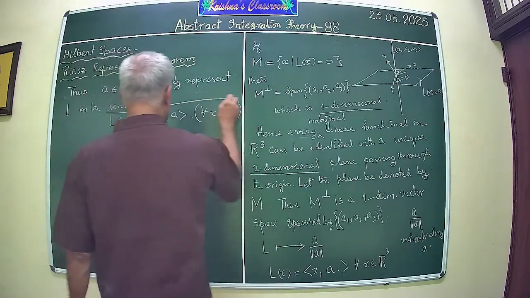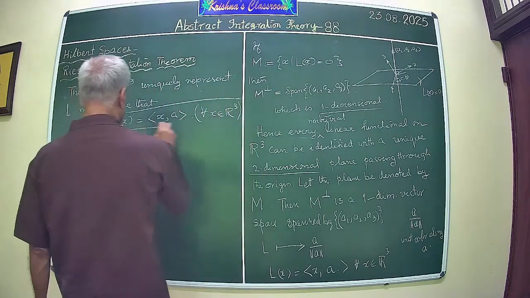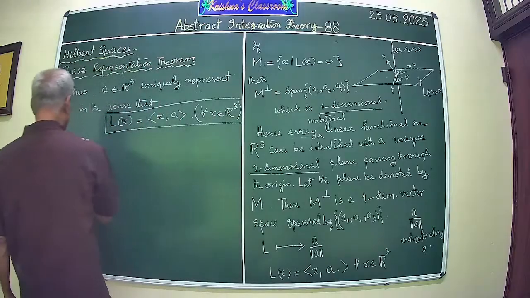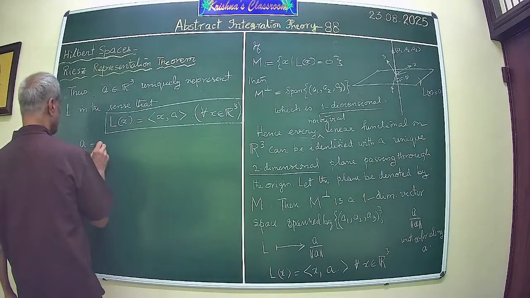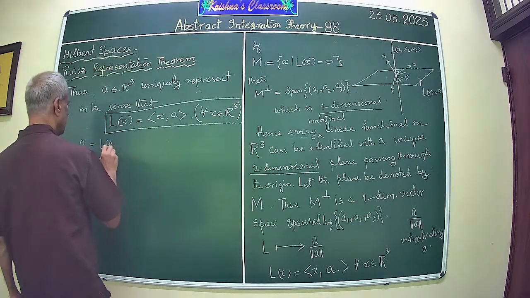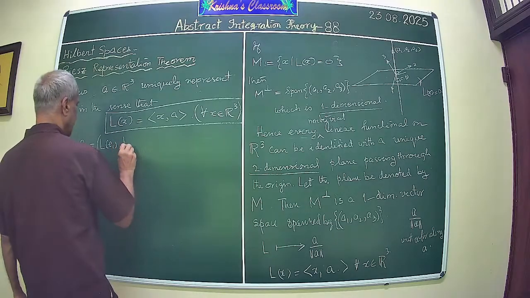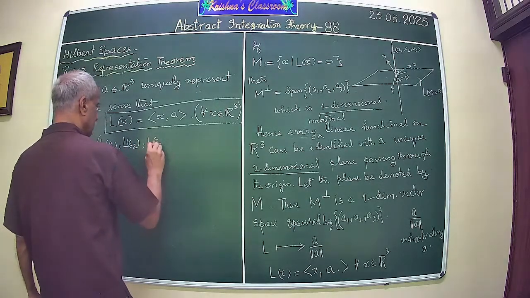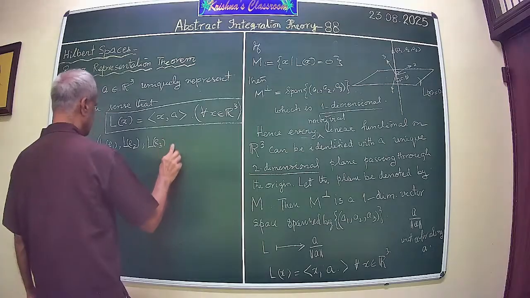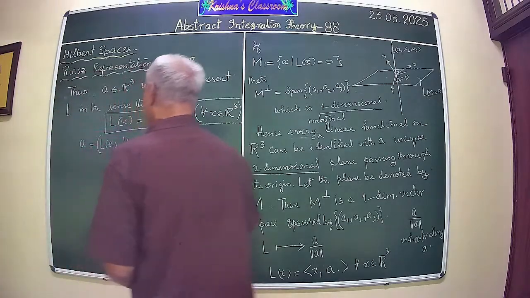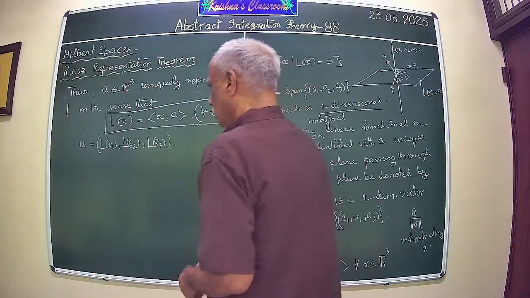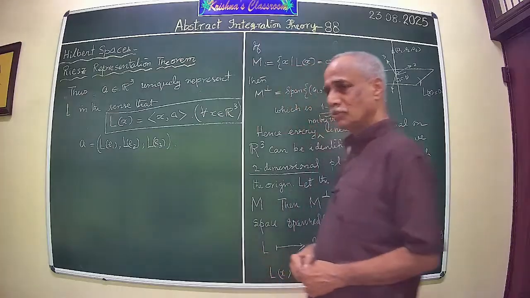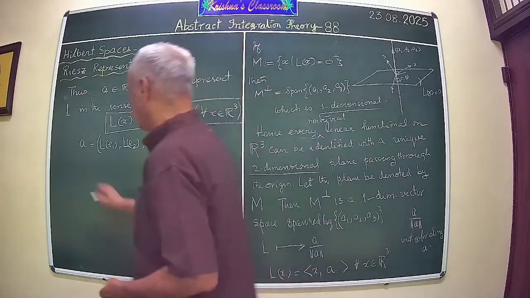So we have identified what this vector is. Now A is essentially equal to L1, L2, L3. You can generalize this.